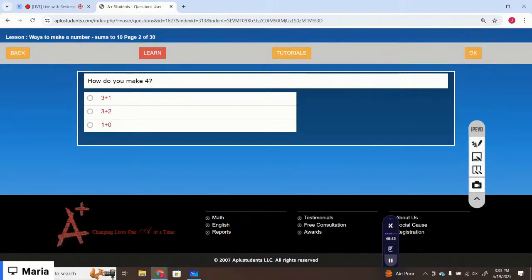So which is the correct option? 3 plus 1 equals 4. Option number one is the correct option.